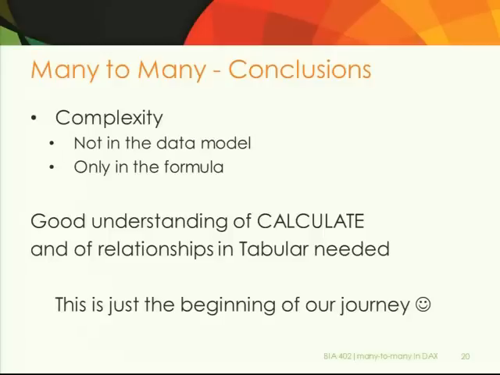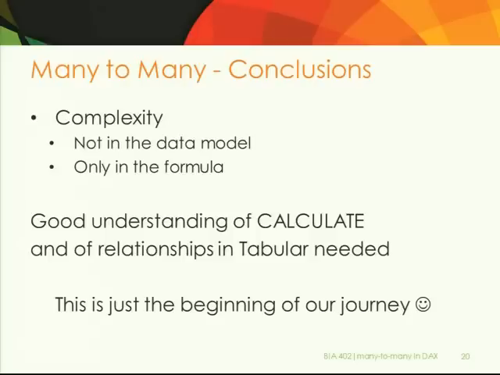Nevertheless, if you have a good understanding of calculate and of how filter context and row context behave against relationships, then many-to-many can be made to work pretty easily. But this is just the beginning of the session. It was important to state how many-to-many works, because once you get the behavior of many-to-many, all the formulas are very easy to write.